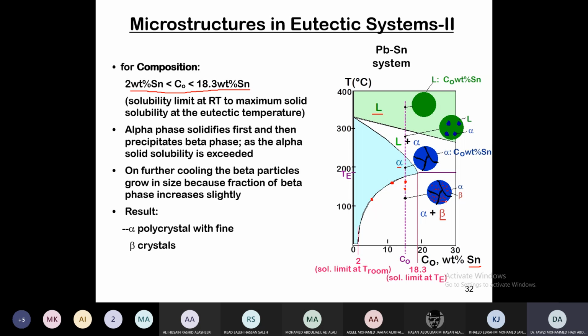This is the final microstructure which develops at room temperature. It's a polycrystalline alpha solid solution with a precipitate, let's say strengthening, or random dispersion of the beta solid solution, needle-like, dispersed in the material. So this is basically the microstructure we are going to get.